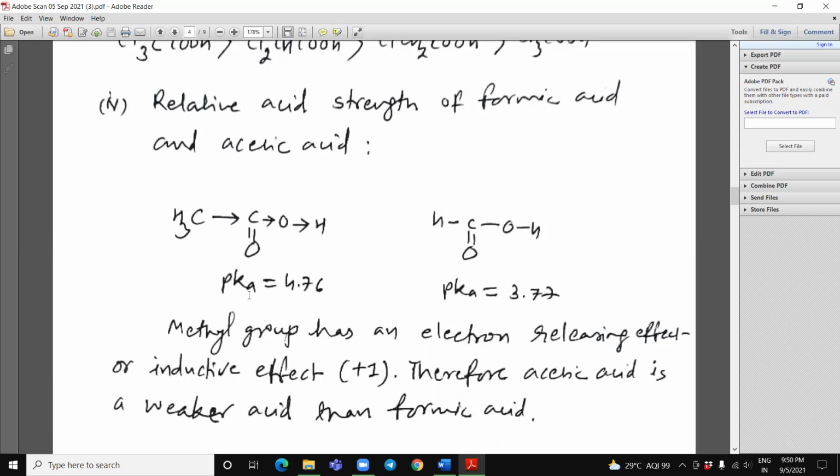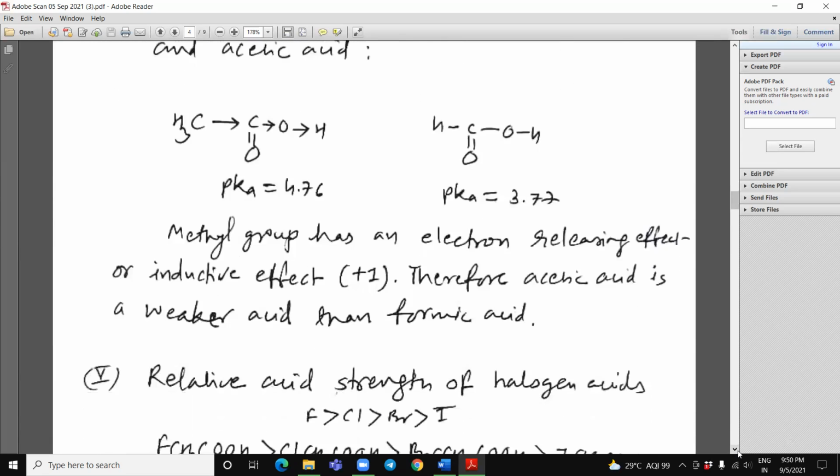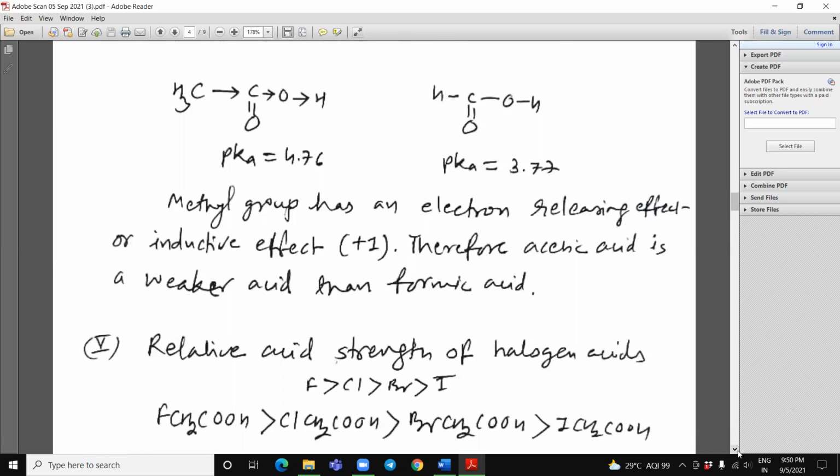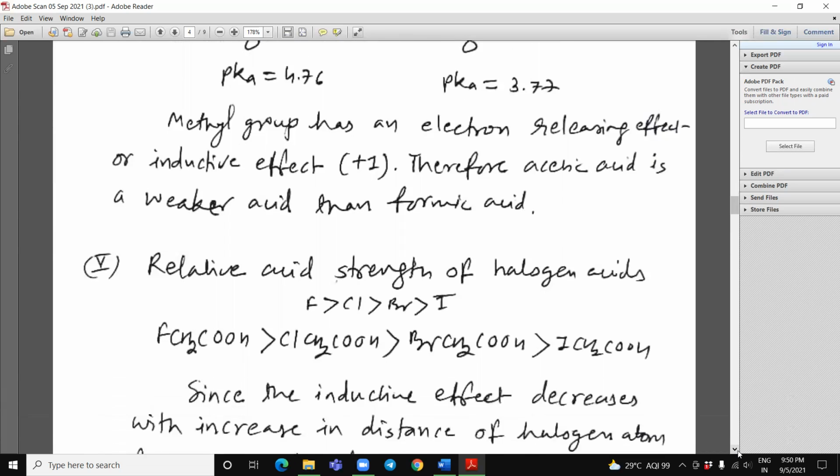Or we can say acetic acid is a weaker acid compared to formic acid. See, methyl group has an electron releasing effect or plus I inductive effect. Therefore, acetic acid is a weaker acid than formic acid.